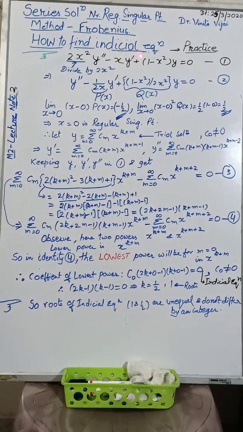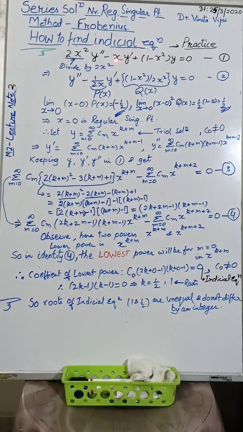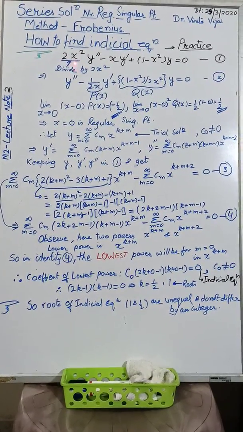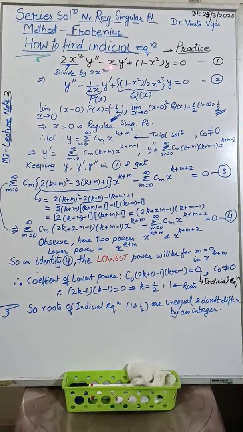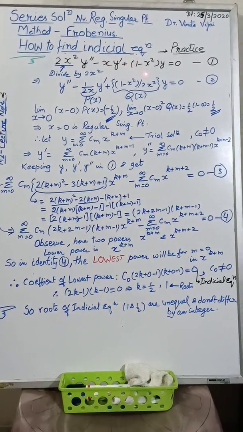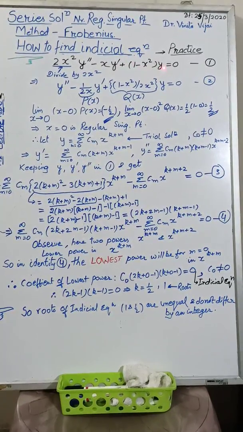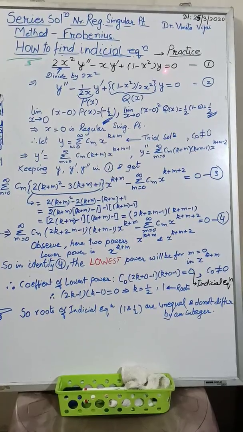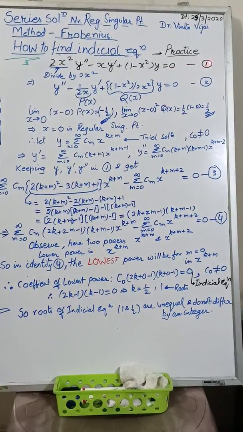So we shall be finding the indicial equation for this equation: 2x²y'' − xy' + (1 − x²)y = 0. This is equation 1.